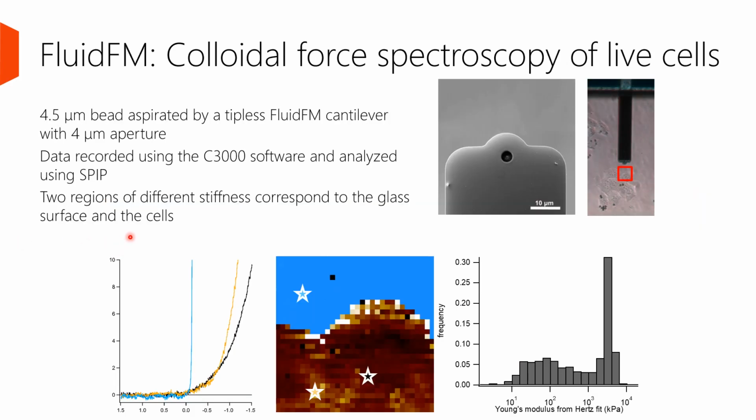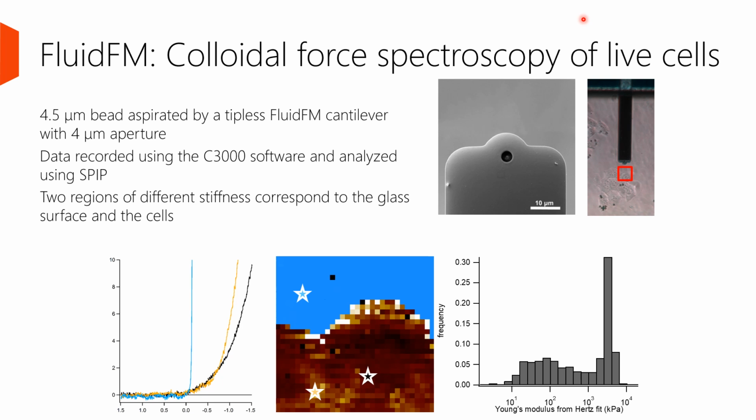Besides the regular way to perform force spectroscopy, we can also use the FluidFM technology. It's basically a system that integrates a pump, a tubing system, and a specialized hollow cantilever. It allows us to apply a positive or negative pressure at the open aperture of the cantilever.